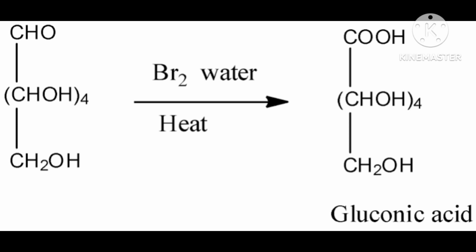I will tell you about the plus and minus signs later. The D before the name of glucose represents the configuration, whereas plus represents the dextrorotatory nature of the molecule.